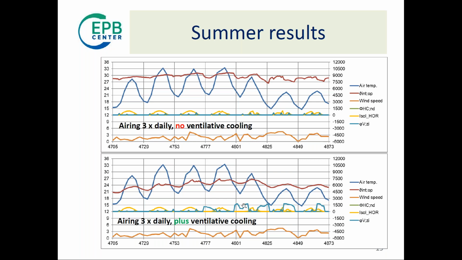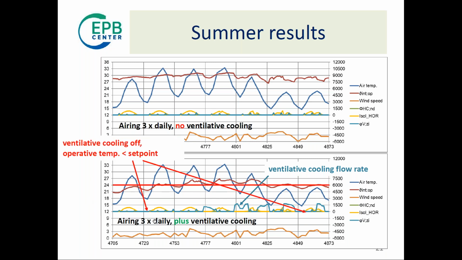It depends on the circumstances, especially on the temperature difference between indoor and outdoor air, and on the wind speed. These are the two driving forces for this flow rate. So this is just what I explained. This is the ventilative cooling flow rate here.